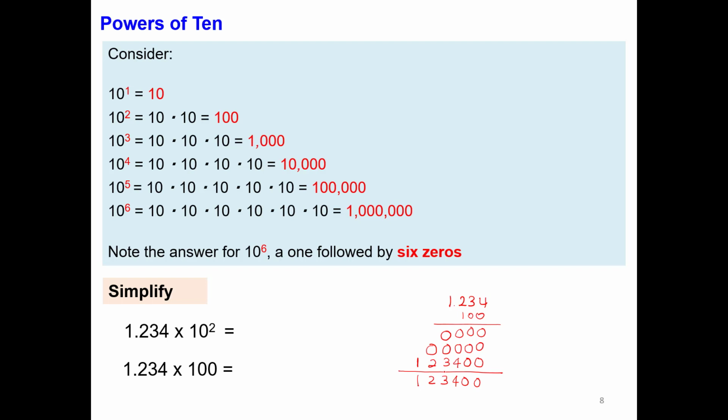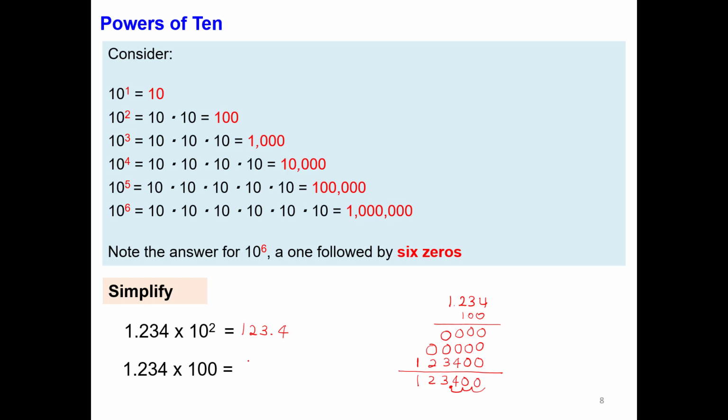And now we need to count the decimal places. In 100 we have 0 decimal places, but here we have 1, 2, 3. Let's move the decimal point 1, 2, 3. And we can eliminate these two zeros, so we don't need them. This will be 123.4.